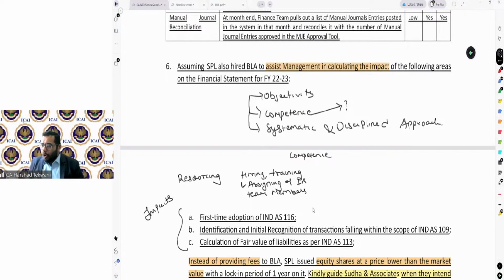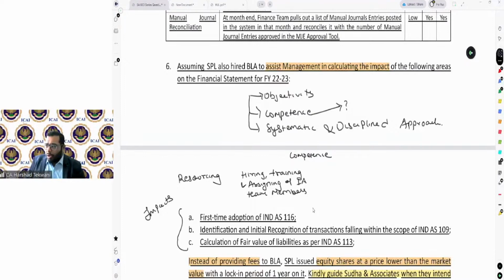Third, whether internal auditors have adequate training in the technical area or proficiency in auditing. Today they are performing audit, so they should have technical training and proficiency in audit. How technical and proficient are they in audit?